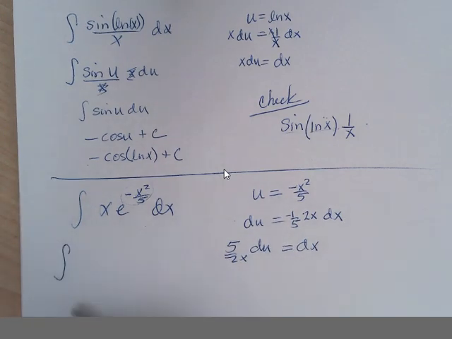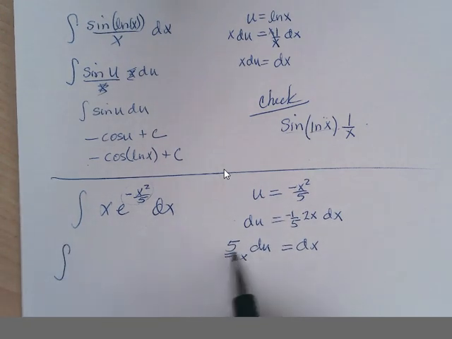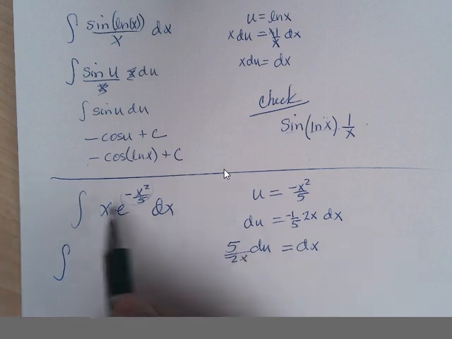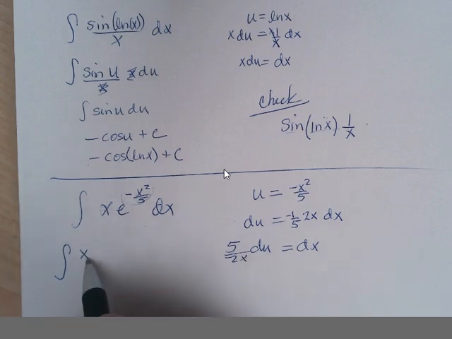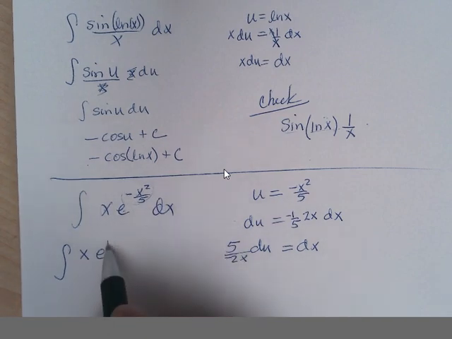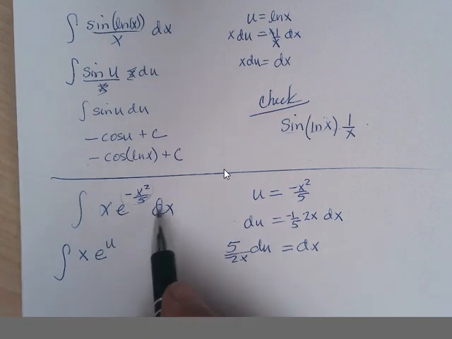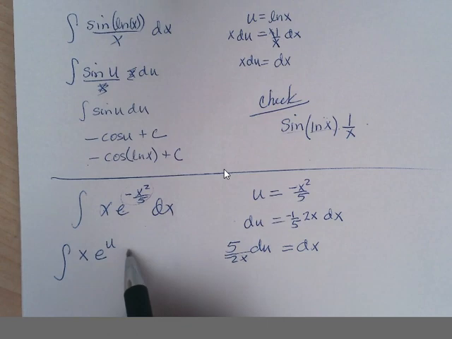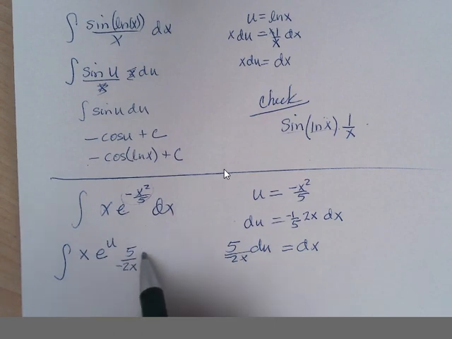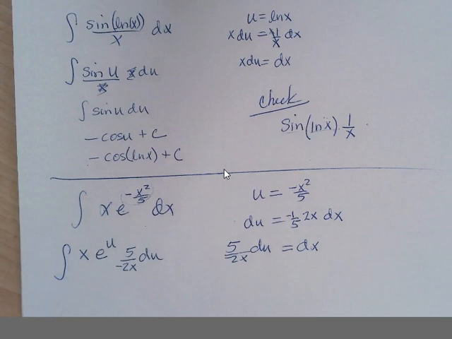We get the integral. You notice this x ends up in the denominator. We had one in the numerator. Things are going to happen nicely. We got x. We have e to what we called u, and we have dx, which is 5 over negative 2x du, and sweetness.